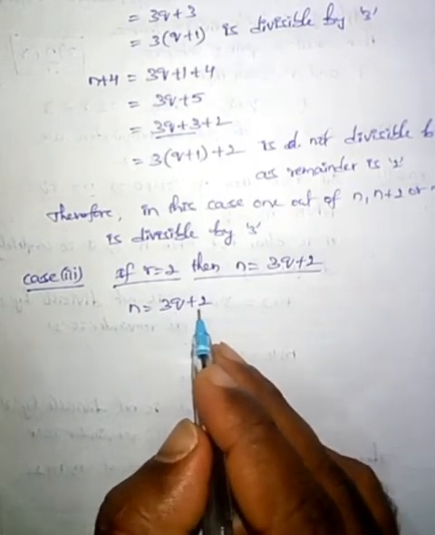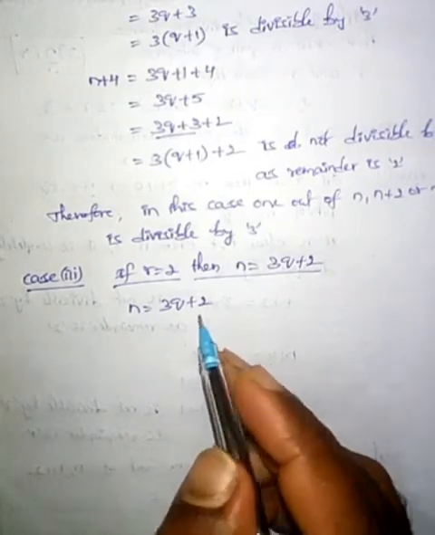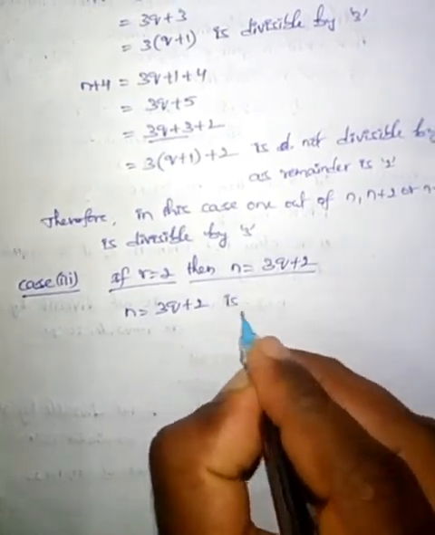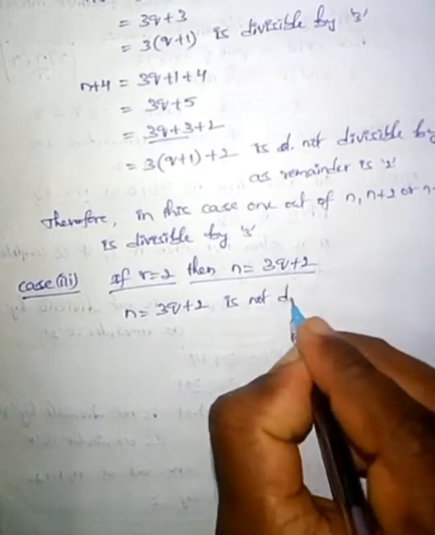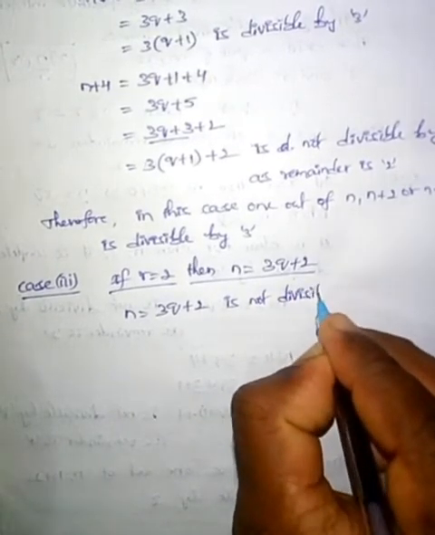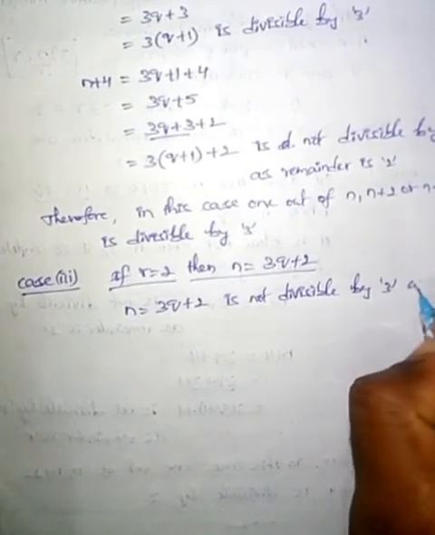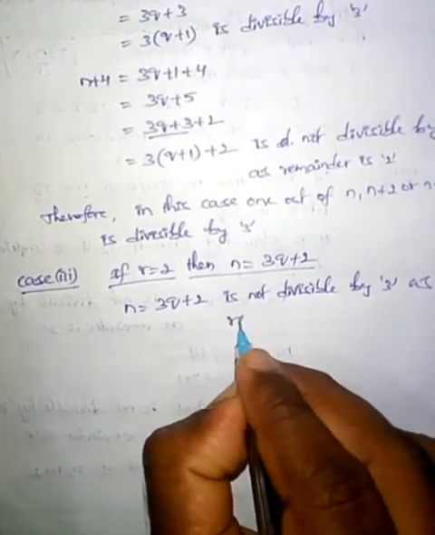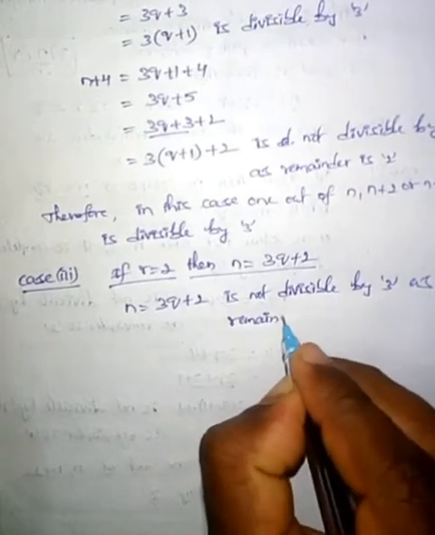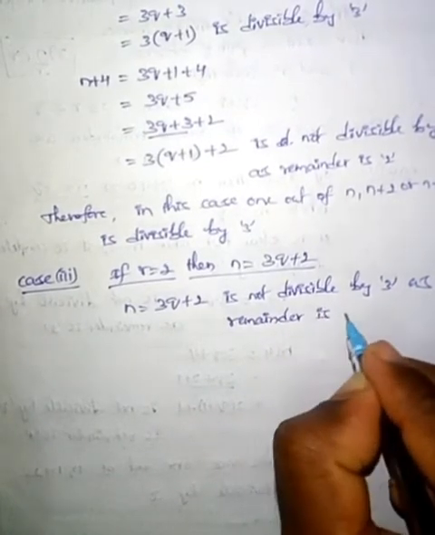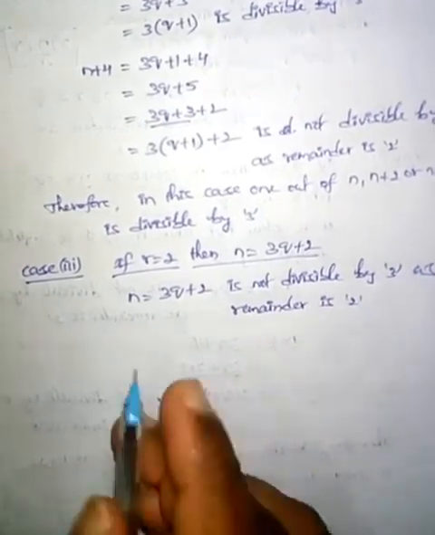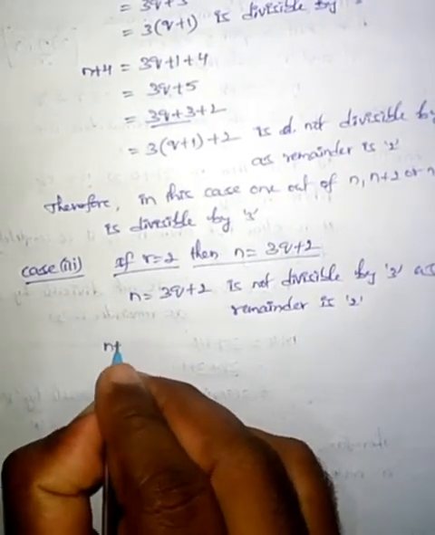So because it is a 3 multiple plus 2, it leaves 2 as a remainder. So n is not divisible by 3 as remainder is 2.